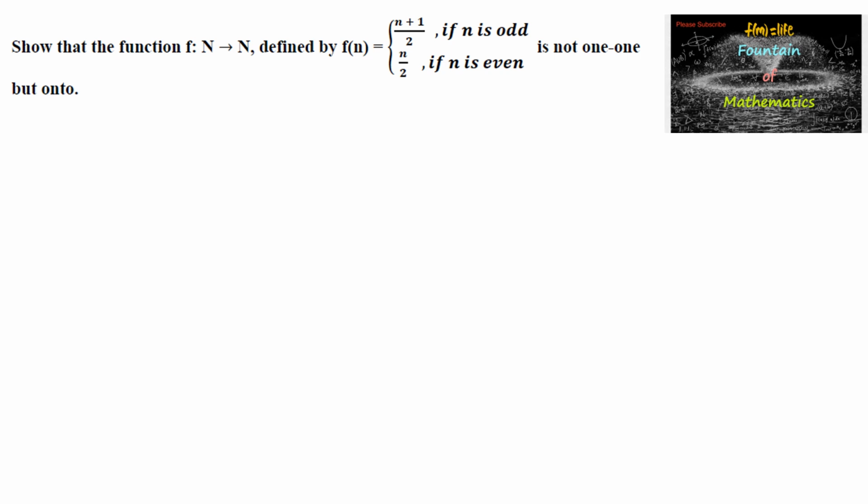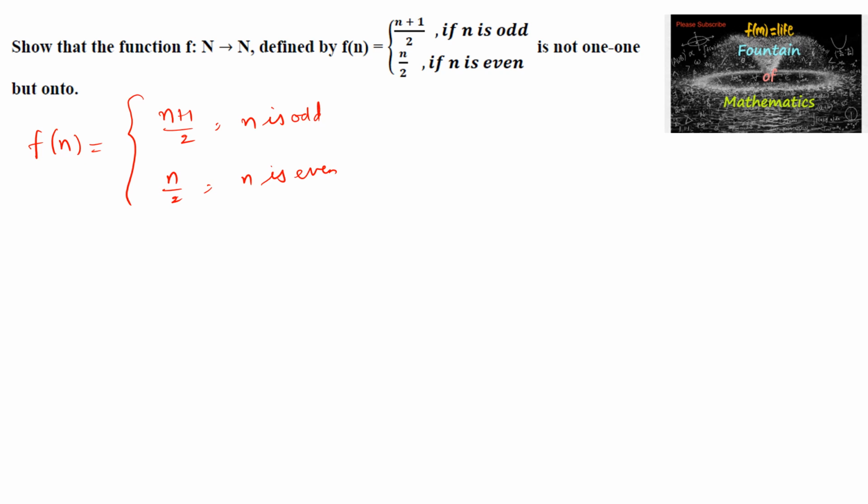Show that the function f from N to N defined by f(n) equals (n plus 1) upon 2 when n is odd, and n by 2 when n is even, is not 1 to 1 but onto.